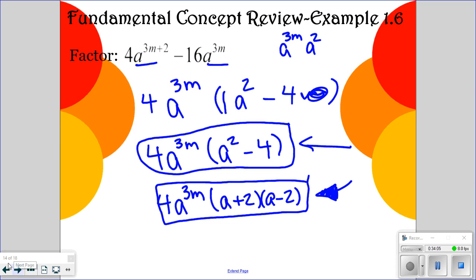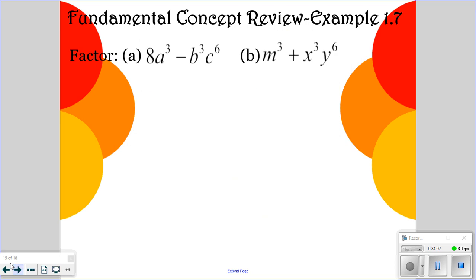Looking at the next problem, we want to factor using our sum and difference of two cubes. So if you don't know those formulas, you need to learn them. They're going to pop up randomly, and you need to be able to recall them immediately. So I'm going to write them out real quick, and then we'll go over them.